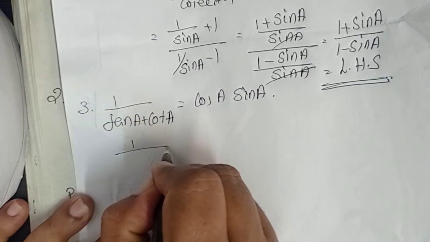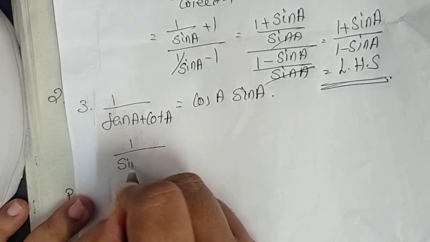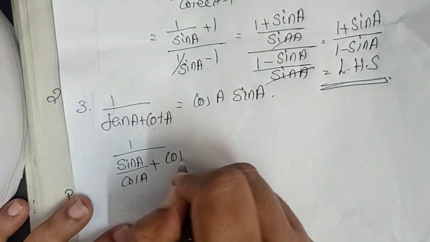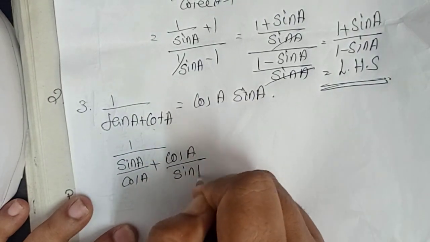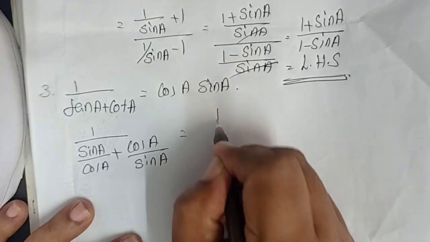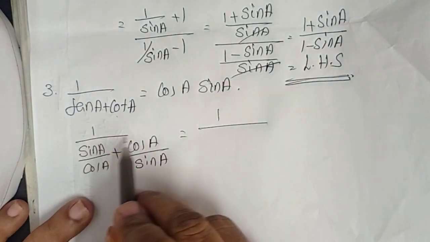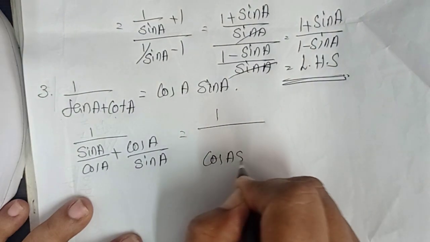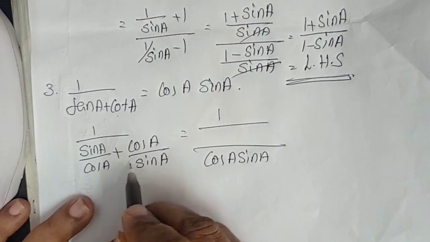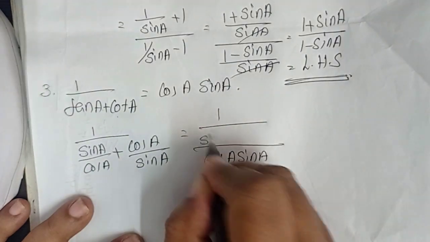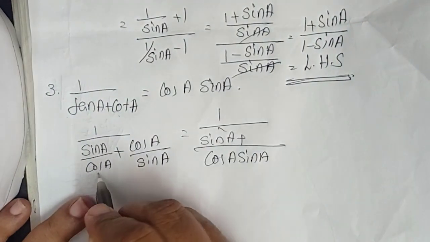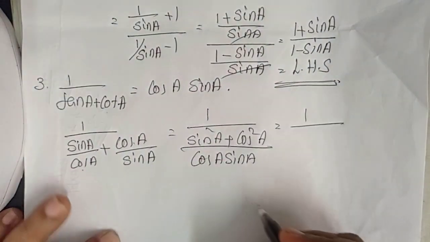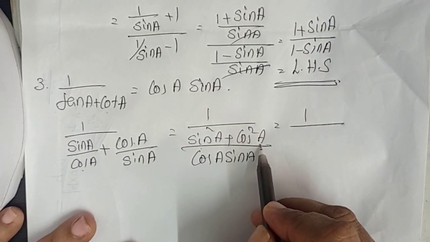Therefore, here we can write tan A as sin A by cos A plus cot A as cos A by sin A. That is 1 by, here from this denominator taking the LCM, cos A sin A. Then cross multiply, sin A into sin A, sin square A, plus cos A into cos A, cos square A. That is 1 by, what is sin square A plus cos square A?